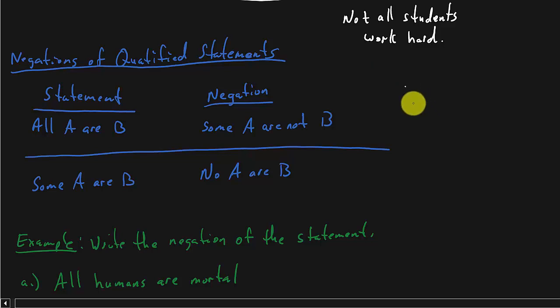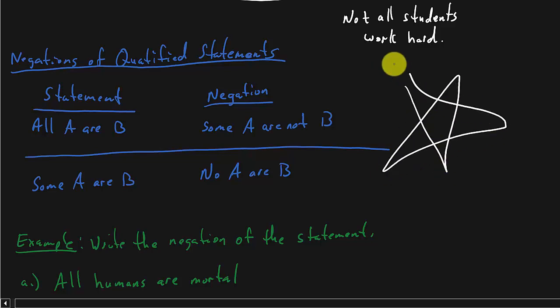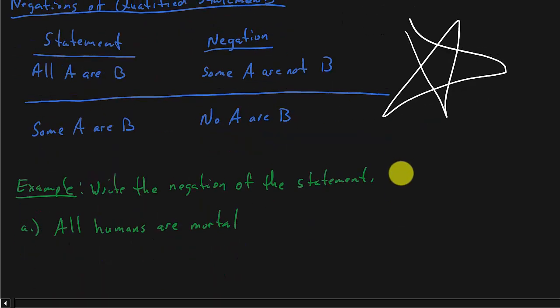This right here is very important that you just know that. And if you know this, then you can write the negation of all of these statements. So basically what you're going to do, you're just going to look at this and see if you can find something up here that matches it. All right. So write the negation of the statement. Okay.